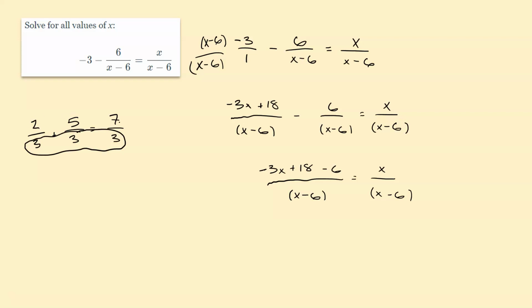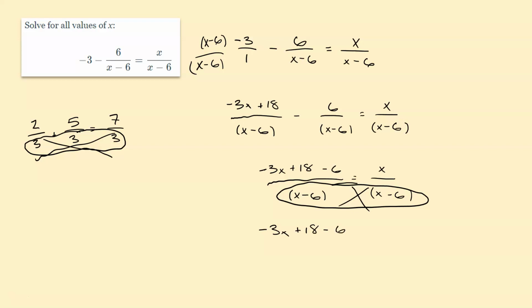You could look at this 2 plus 5 equals 7 on its own without the denominator. The denominator is not important. Once we have a common denominator, it adds like normal integers, right? So we don't really need this x minus 6 here. We can kind of ignore that and just look at this like a regular integer equation that we can now solve for x. So I'm going to go ahead and do that.